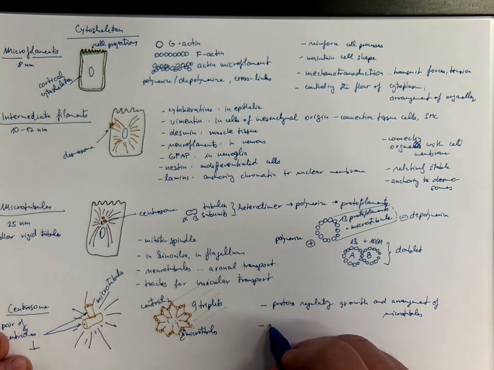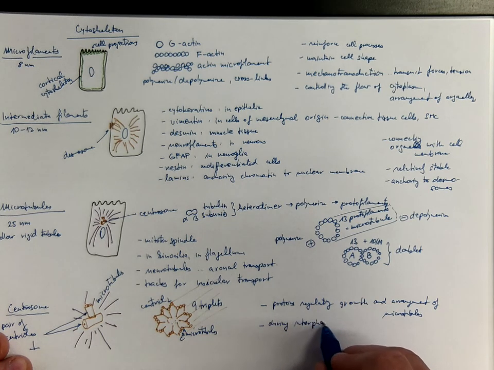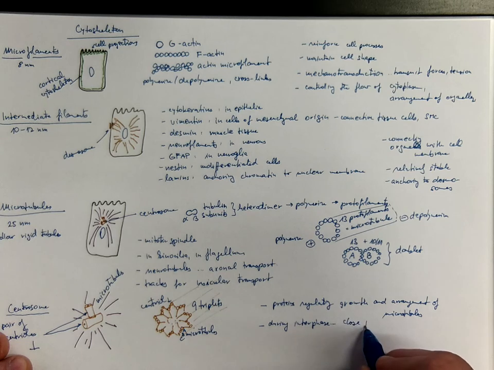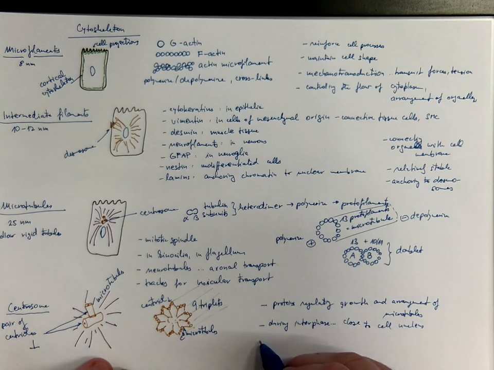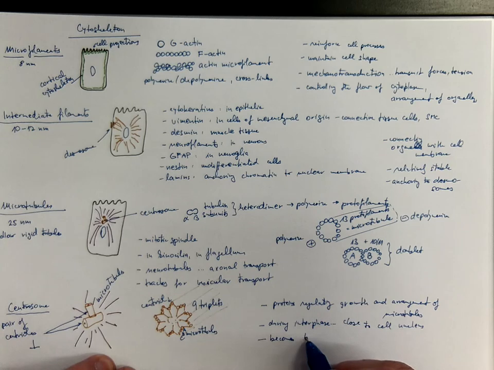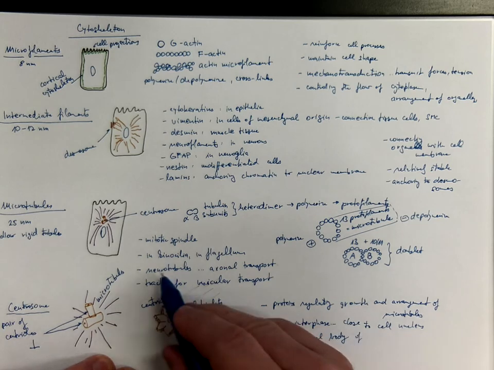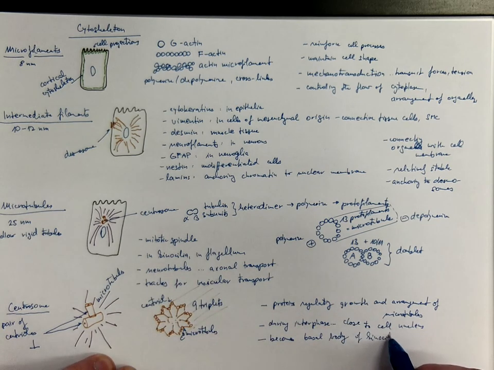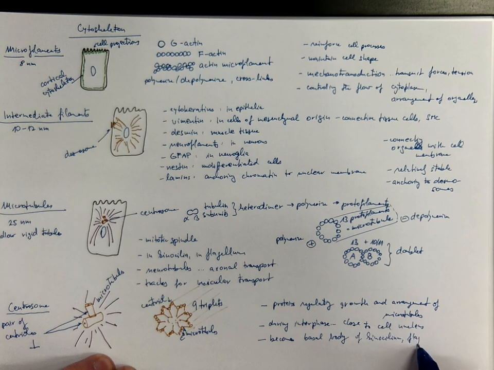During the interphase, they're usually close to the cell nucleus. In some cells, in cells with kinocilia or flagellum, it can divide, and it can become the basal body of these structures of kinocilia or flagellum that anchors these structures into the periphery of the cell.